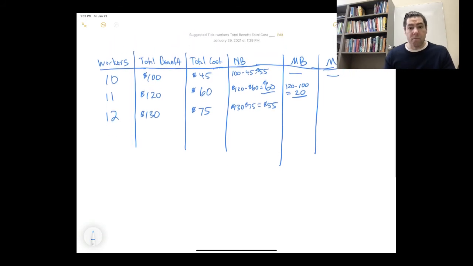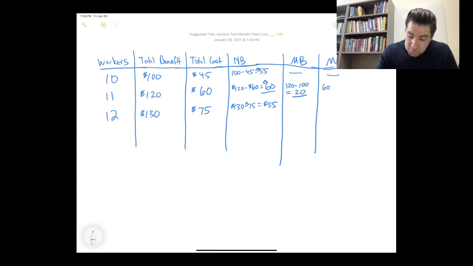Now, what happens when I add the 11th worker in terms of total cost? Well, my total cost increases from 45 to 60, and so my marginal cost is $15. What we notice is that the additional benefit of hiring the 11th worker exceeds the cost. And so we would say, yes, we should go from 10 to 11 workers.